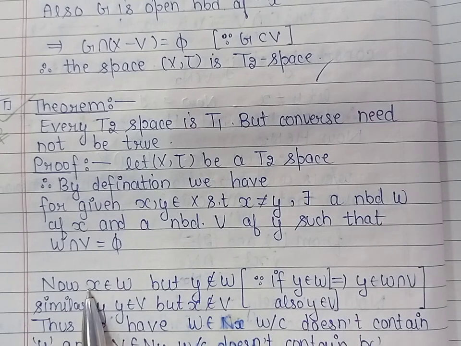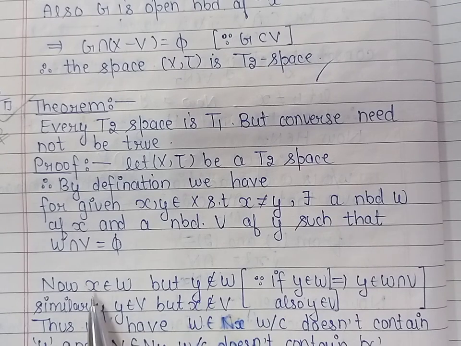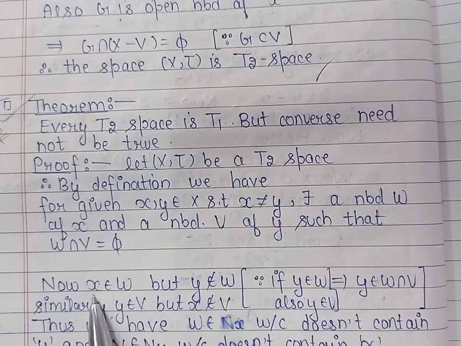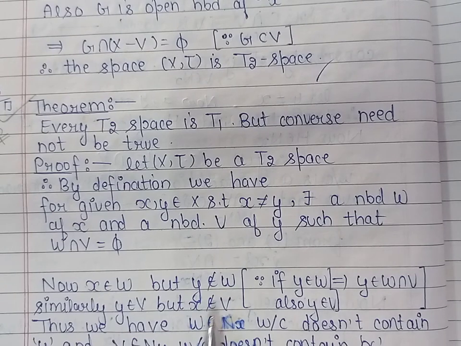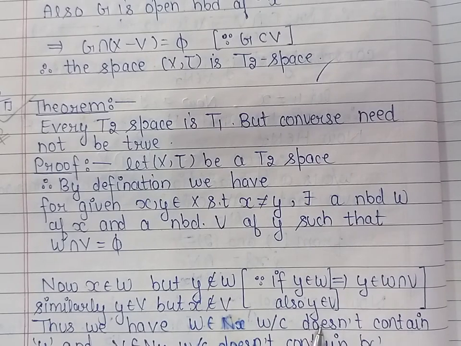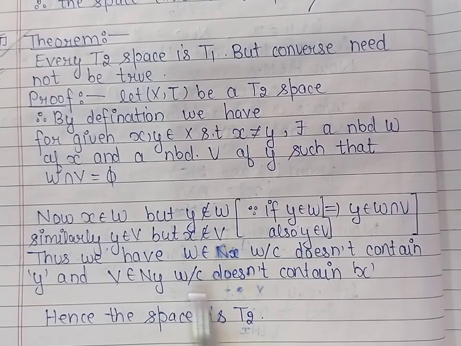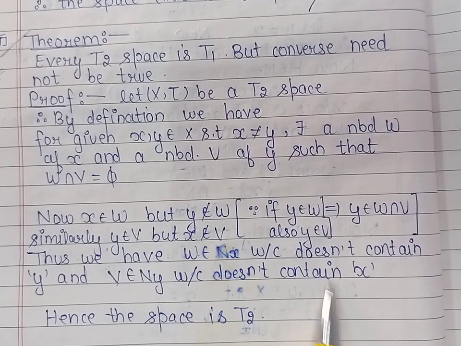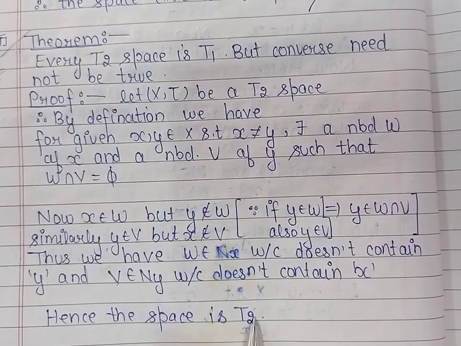It means X belongs to W but Y does not belong to W. It means we have obtained a neighborhood of X which does not contain Y. Similarly, Y belongs to V but X does not belong to V. Thus we have obtained a neighborhood of X which does not contain Y and a neighborhood of Y which does not contain X. So by definition, the topological space X tau is a T1 space.